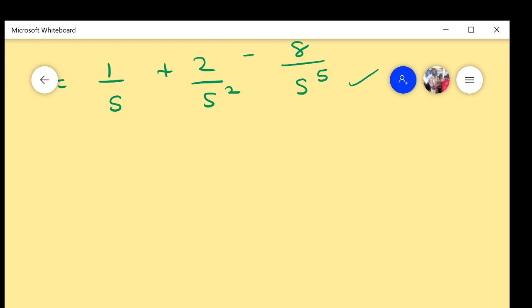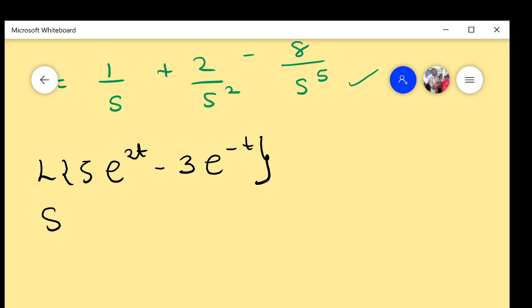We want to evaluate the Laplace transform of 5e to the power 2t minus 3e to the power minus t. Let's look at it.